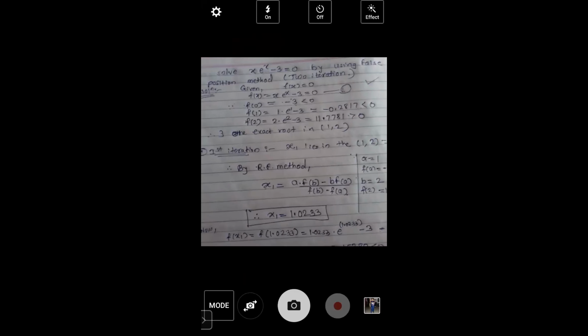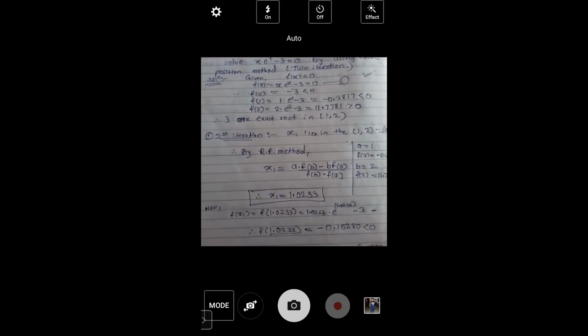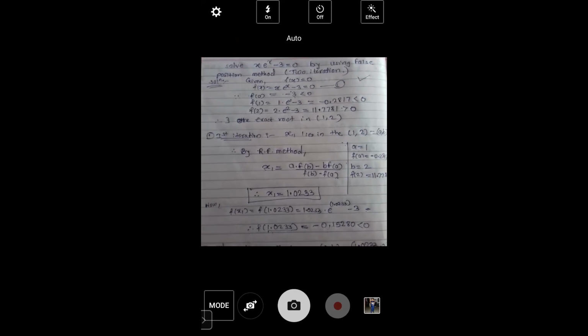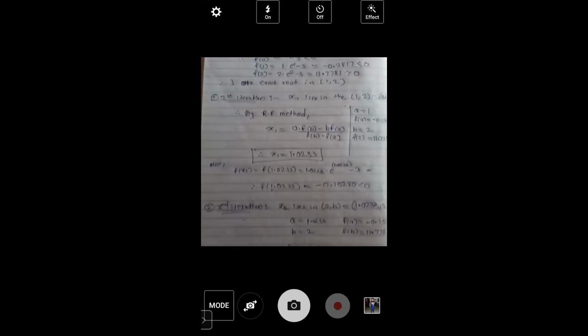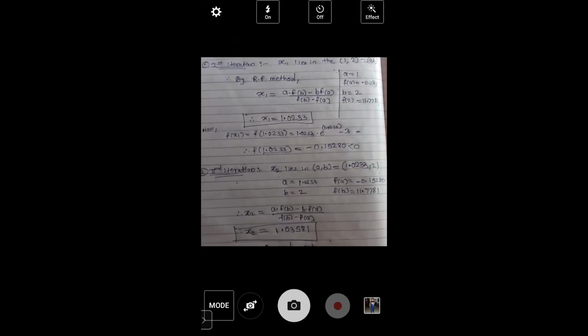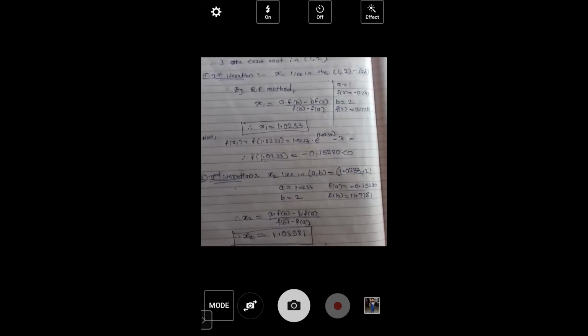x1 is equal to 1.033 and x2 is equal to 1.03581.